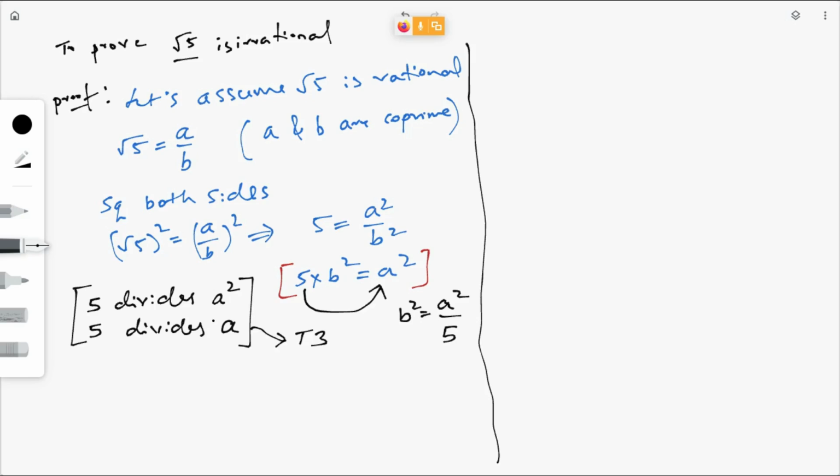It might be 6 square, 10 square, 20 square, 15 square. If 5 divides a square, then 5 divides a. Fine. Understood? Yes, sir.